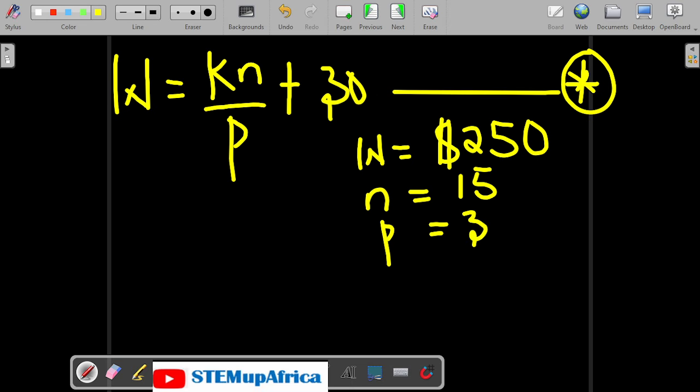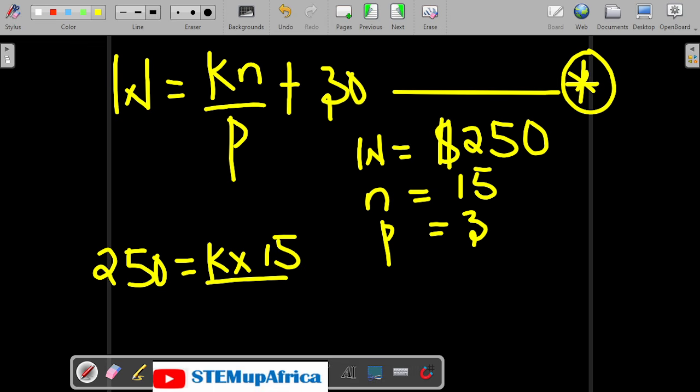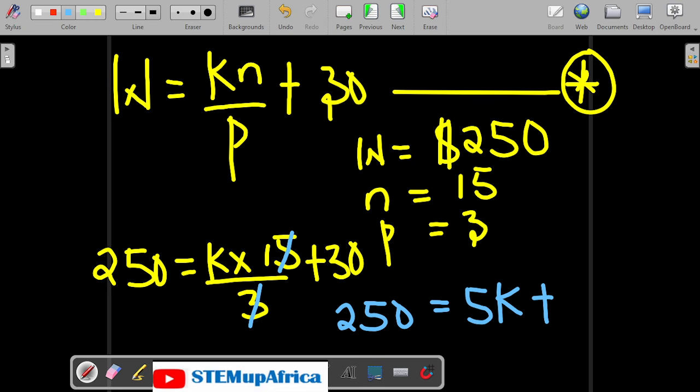Let's substitute all this to determine the value of K. So I'm having 250 is equal to K times 15 divided by 3 plus 30. 3 can cancel 15, that will give us a 5. So 250 is equal to 5K plus 30.